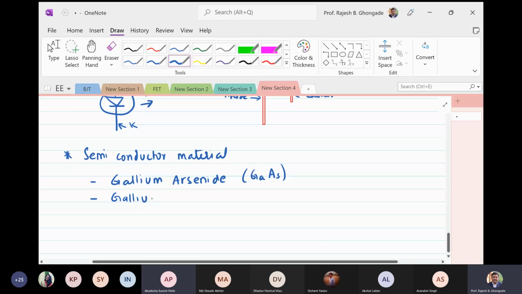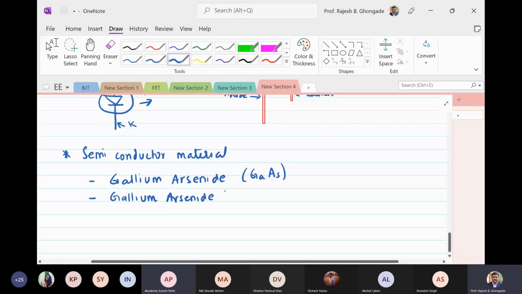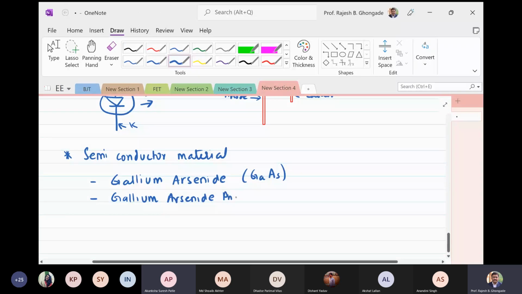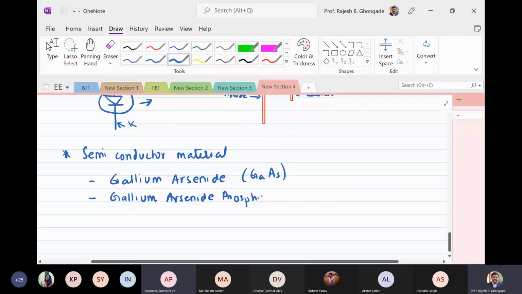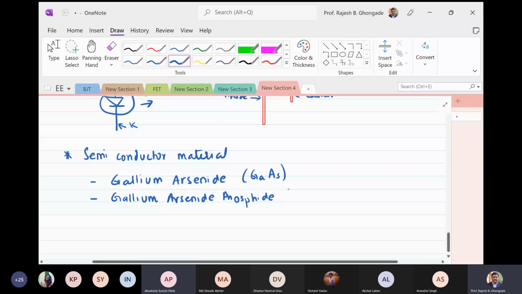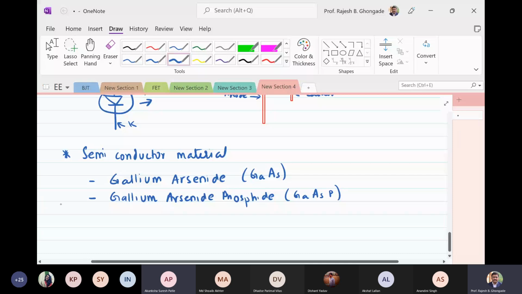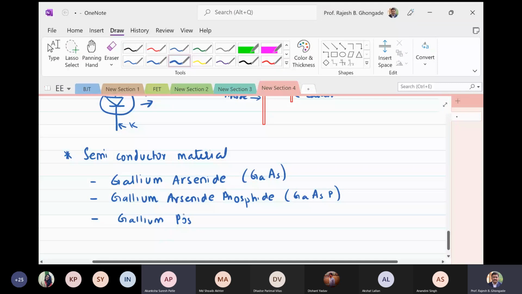gallium arsenide phosphide, GaAsP, and gallium phosphide, GaP.